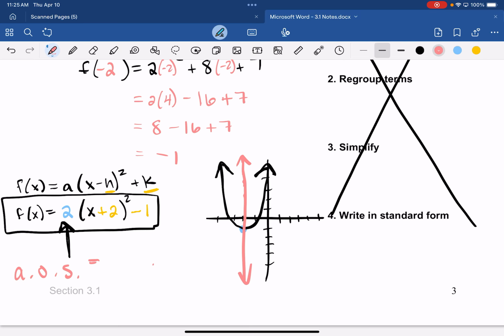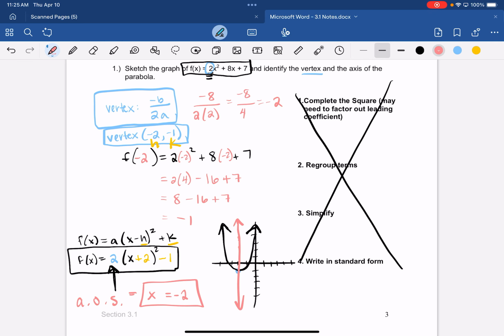Now, I'm going to correct one thing: this is not y equals -2, it would be x. So your axis of symmetry is always x equals the x coordinate of your vertex. The biggest thing, though, is don't just write -2. That's not a line. We have to have x equals.